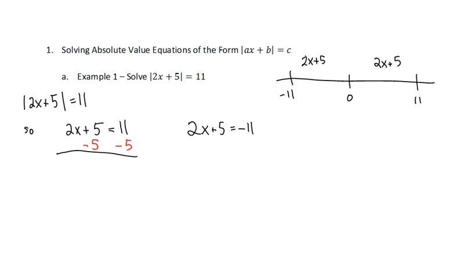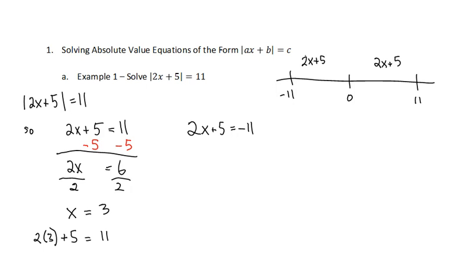With the first equation, we're going to subtract 5 from both sides. We end up with 2x equals 6. We then divide both sides by 2, and we get x is equal to 3. So that's one of the values for x.